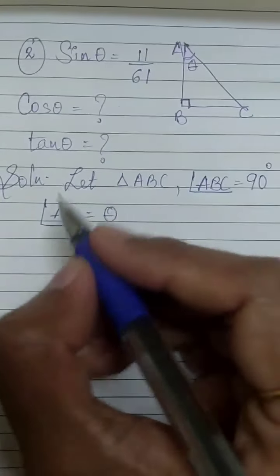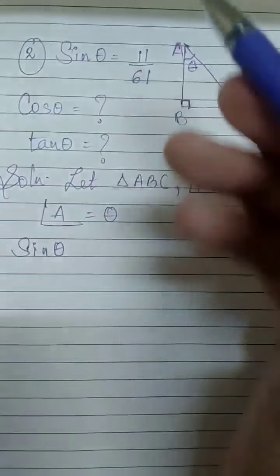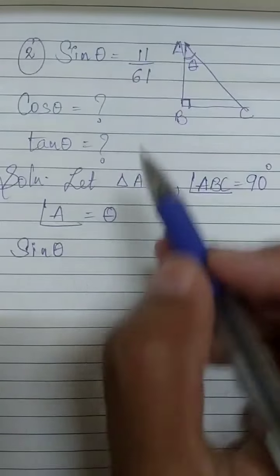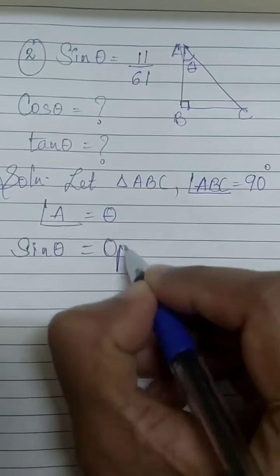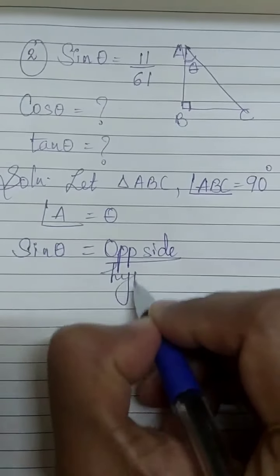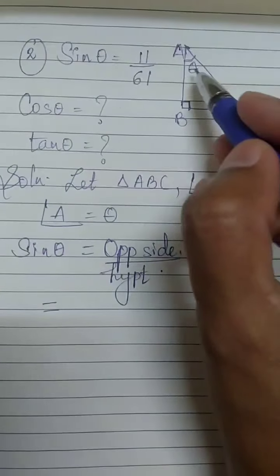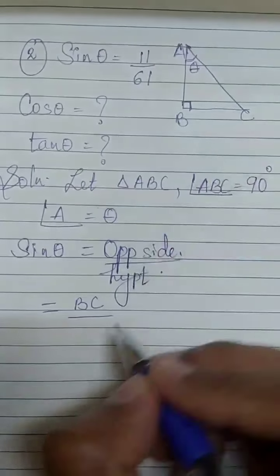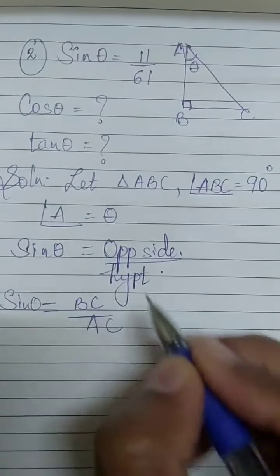If you apply the sin theta formula here, whatever is given in the question, that formula you will apply. If cos theta is given, cos theta formula. Here sin theta is given, so sin theta formula is opposite side upon hypotenuse, which is equal to theta's opposite side BC upon hypotenuse AC. Sin theta is equal to BC upon AC.